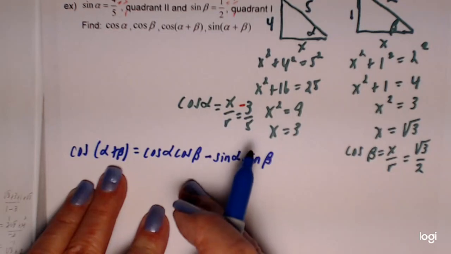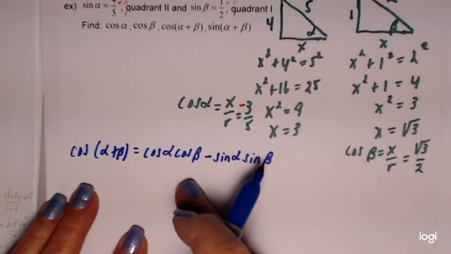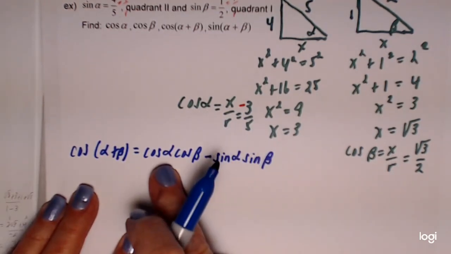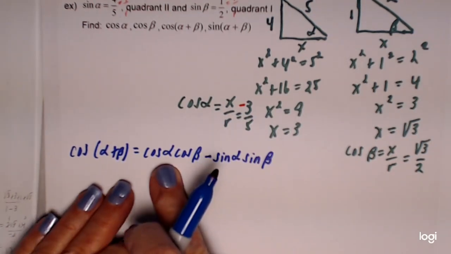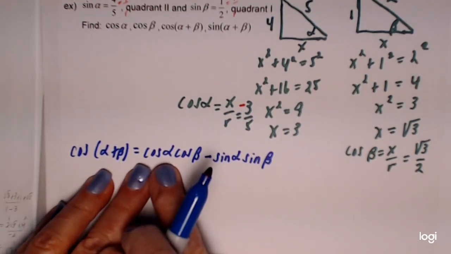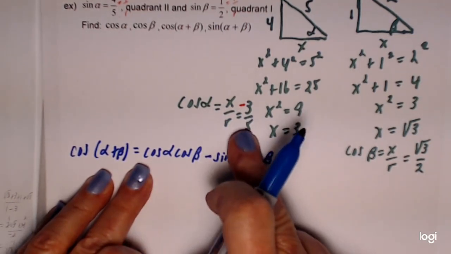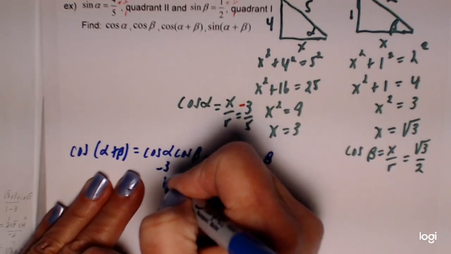And now we know that our alpha, well, we don't know our alpha, so we can't even name it here. So we'll just go right to our substitution. The cosine of alpha is negative 3/5.